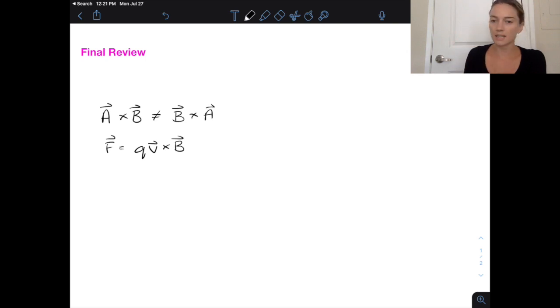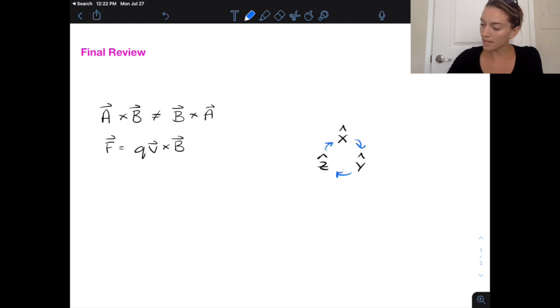The other thing is that if you're working with negative particles, so if we're doing something with electrons, remember if Q is negative here, that will flip the sign of your vector. So for example, again, remember our trusty little cross product circle here.